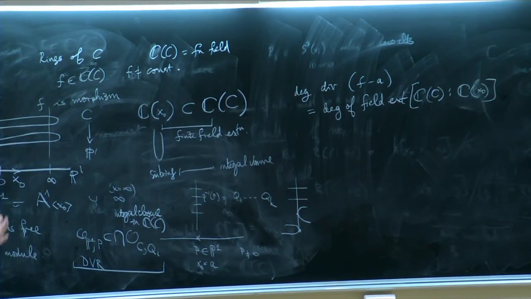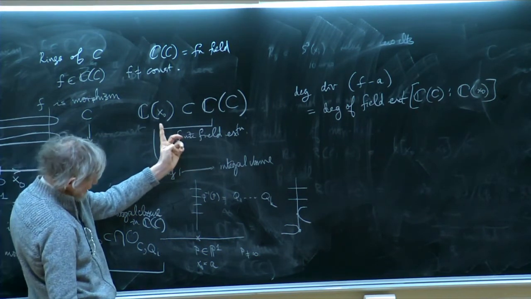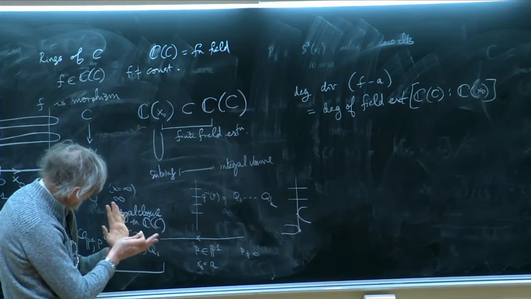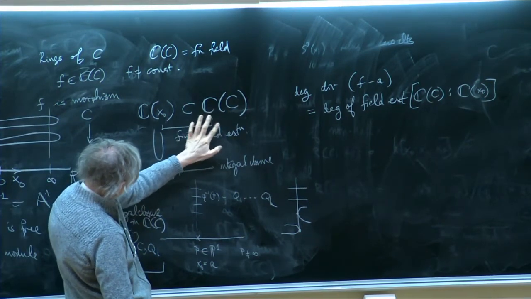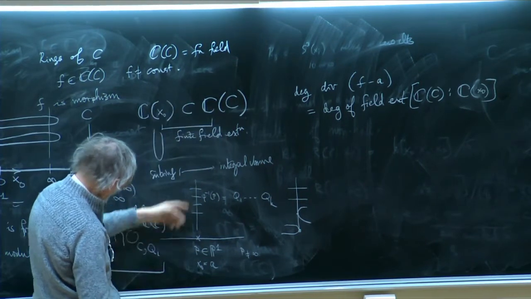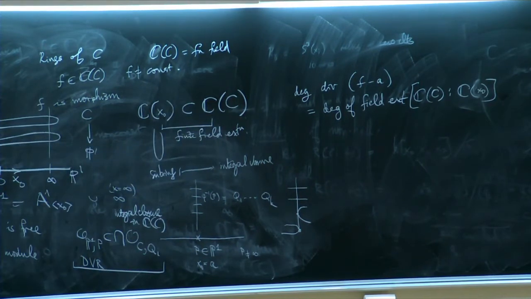So here we have the generic fiber, which is this. That's just algebraic geometric speech for the very general fibre. This is the generic fibre of this ring extension, right?